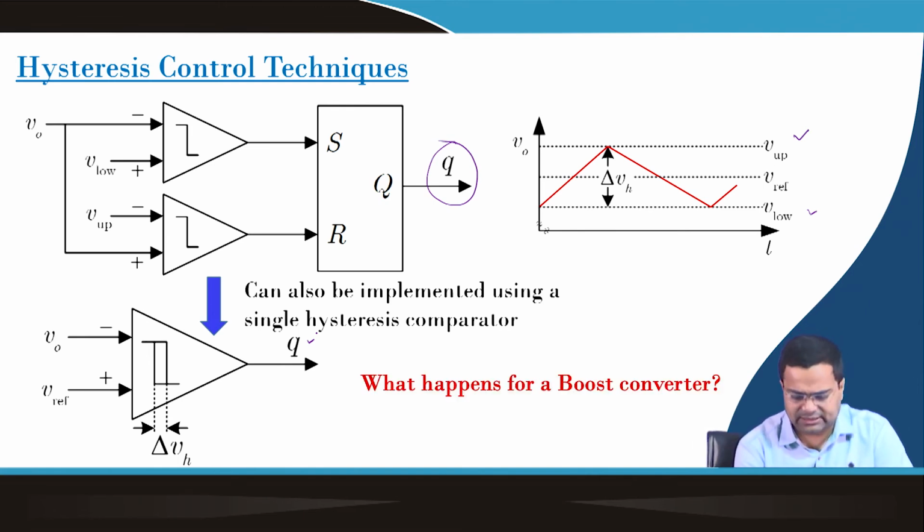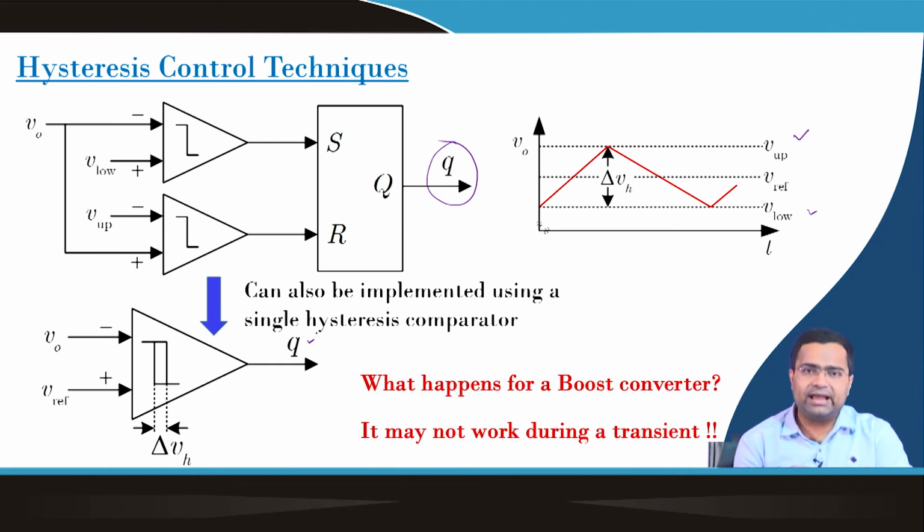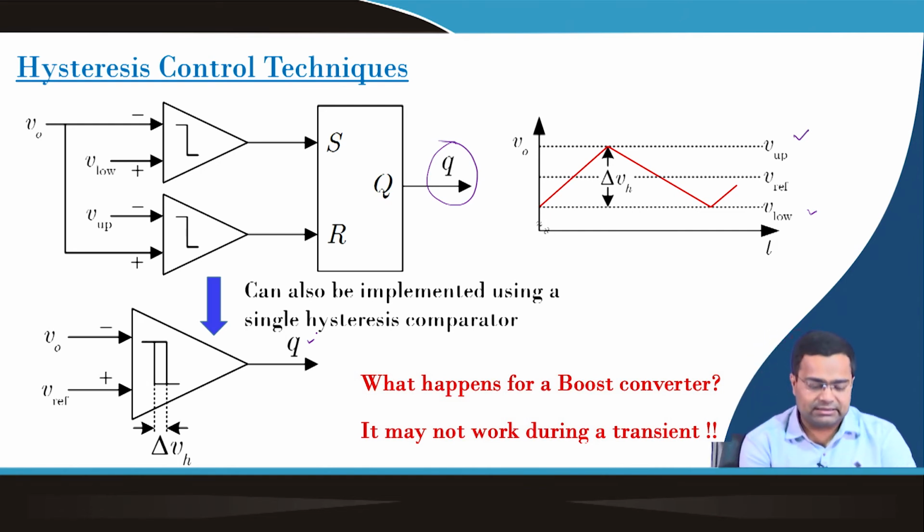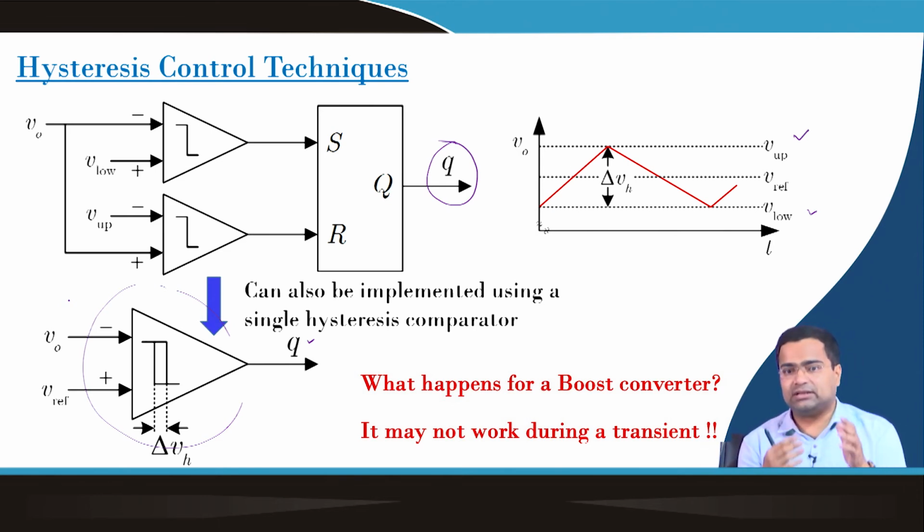But this voltage hysteresis control, when we take it separately for a boost converter, we will see this logic may not work, particularly during transients, because it has a non-minimum phase zero. So, the hysteresis comparator is one kind of switching control logic, and since we are only taking the error of the output voltage as the switching function, it is independent of the current dynamics.